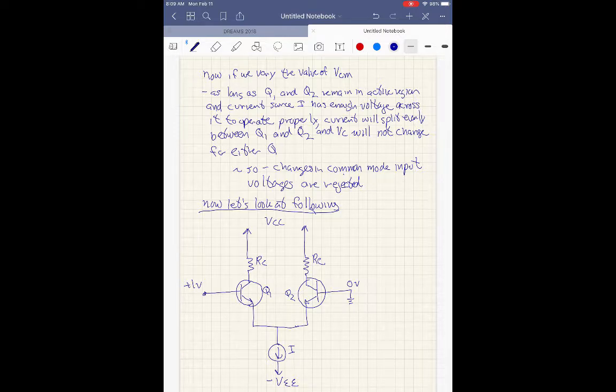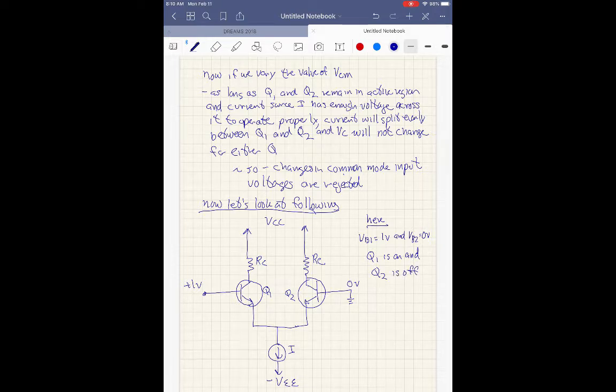All right, so what are we going to have here for values? Let's write a couple other notes here, just so we are perfectly clear. VB1 is 1 volt, and VB2 is 0 volts. So Q1 is going to be on, Q2 is off.